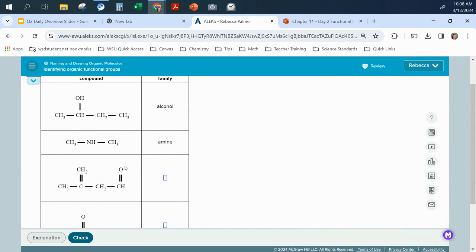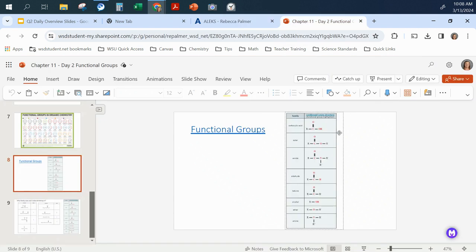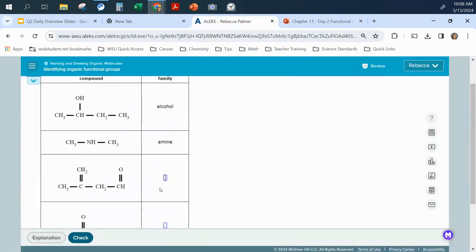So I see a carbon double bond, and then I see a hydrogen, so this is on the end. If you see carbon double bonded to oxygen right next to a hydrogen at the end of the molecule, that's going to be an aldehyde. You have to spell these right too, so make sure you spell them right.